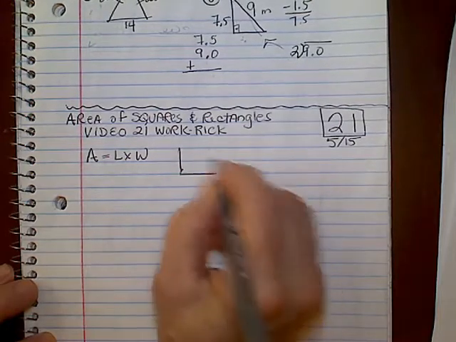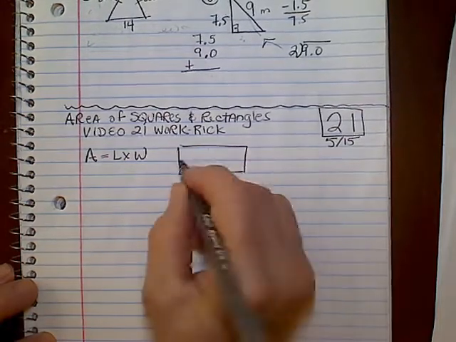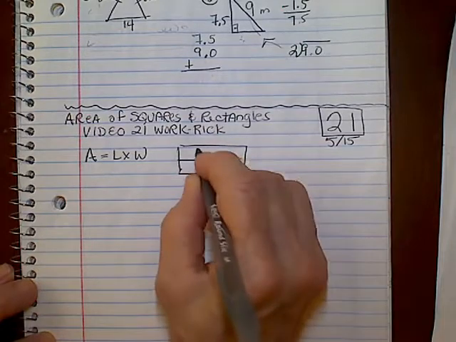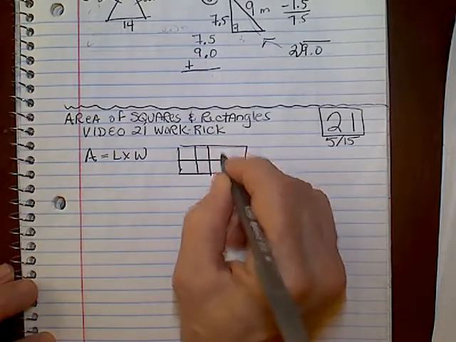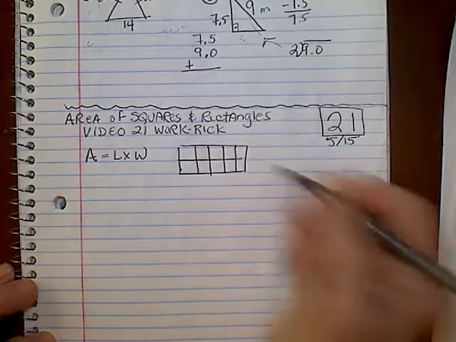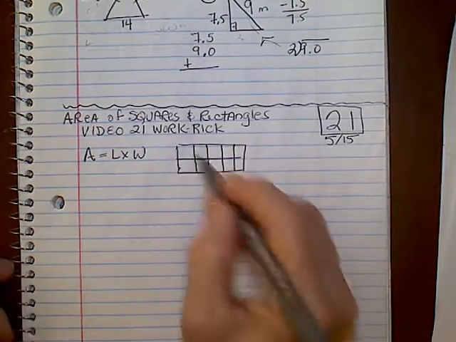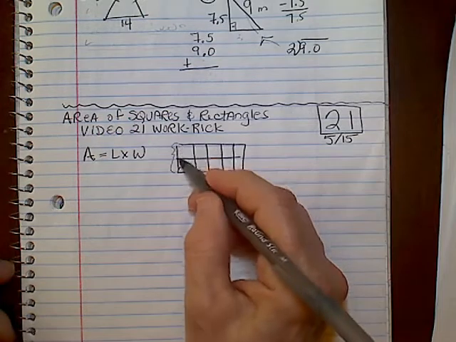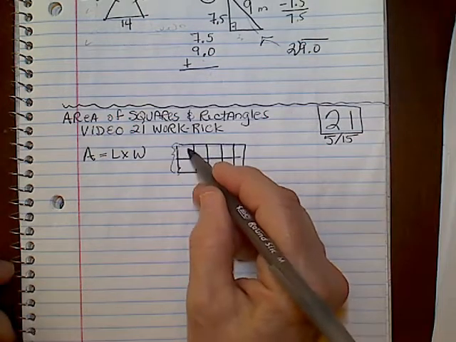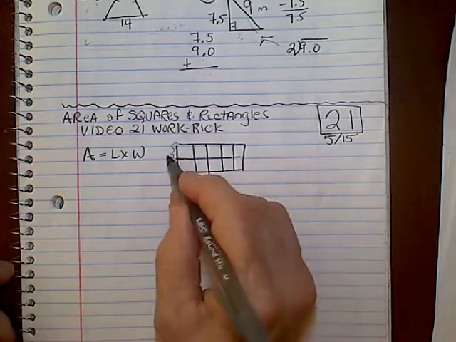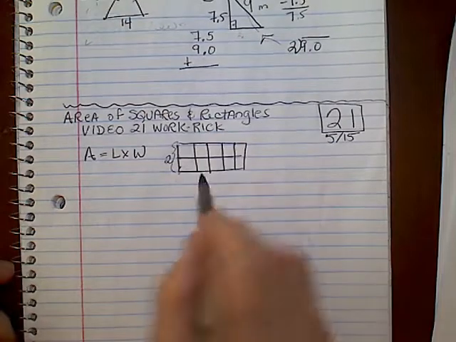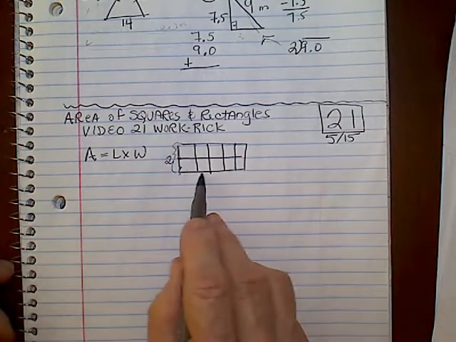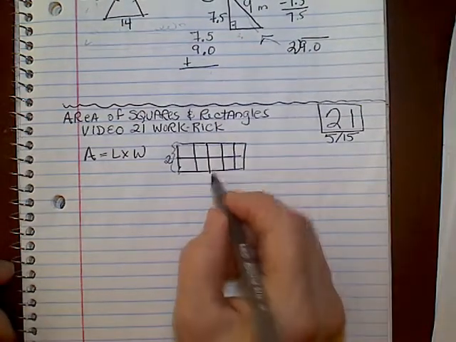And again, this is going to be a really basic picture. So I'll go 1, 2, 3, 4, 5. All right, so on this one, I'll call this the width. So this is 1, 2 units. You don't count the blocks, you count the edges. So that is 2. And across here it is 1, 2, 3, 4, 5.